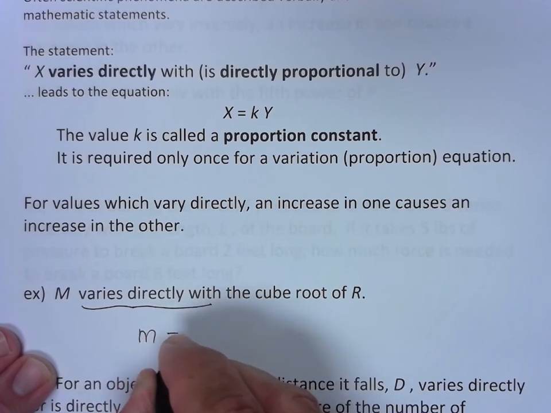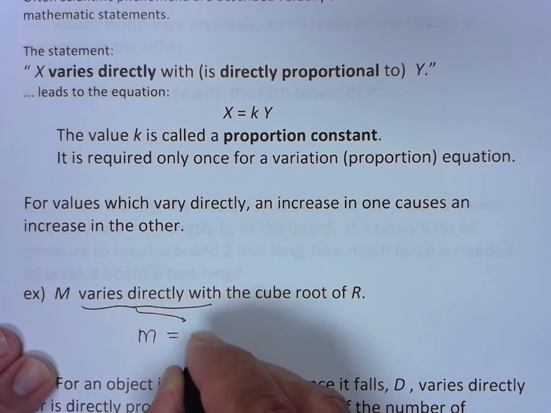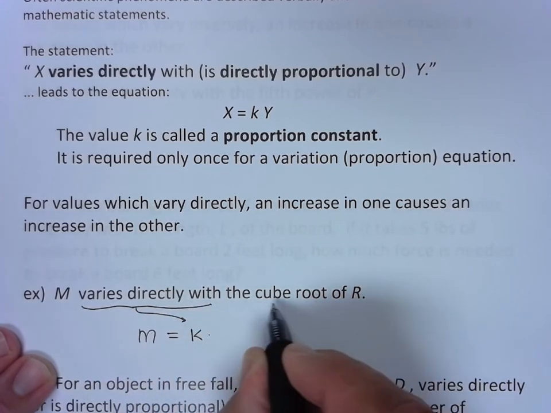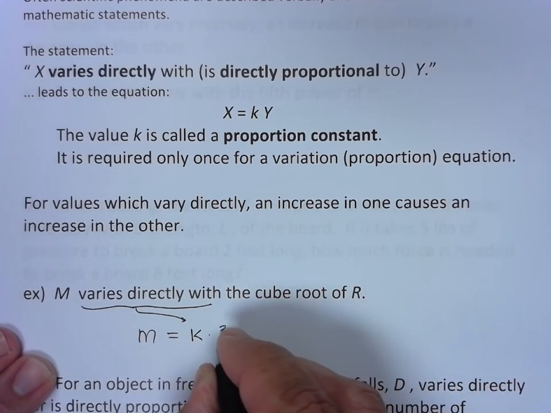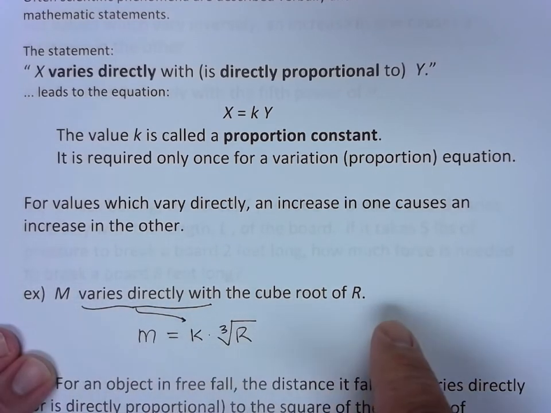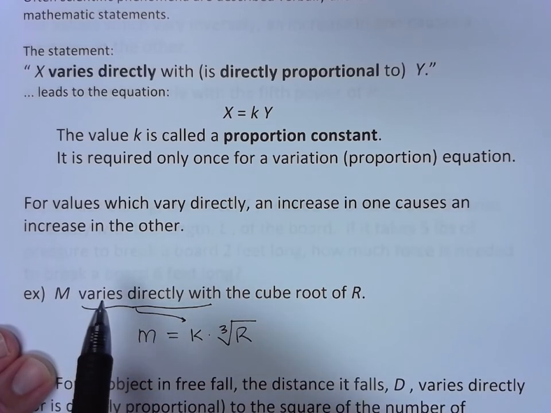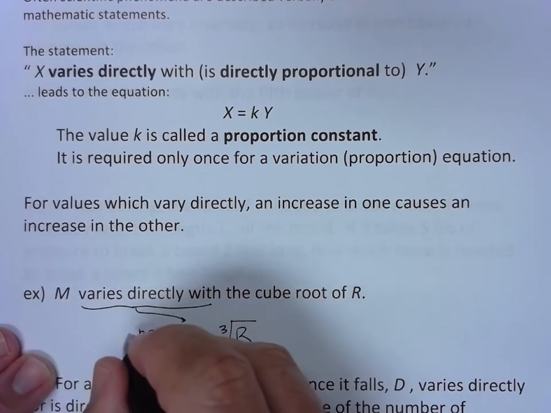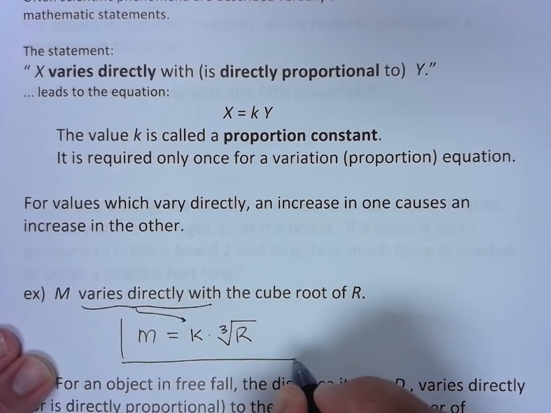M equals some constant k times the cube root of r. So you'll just pull up a cube root symbol and put r inside the cube root, and that's exactly the mathematical sentence that you need to get from that verbiage. Okay, so anytime two quantities vary directly or are directly proportional, that's the way the equation should be translated.